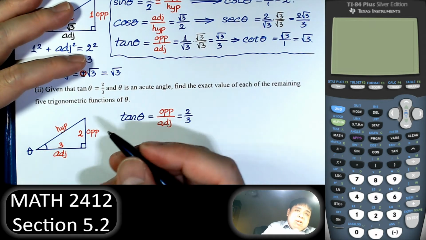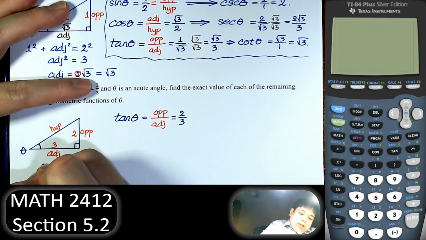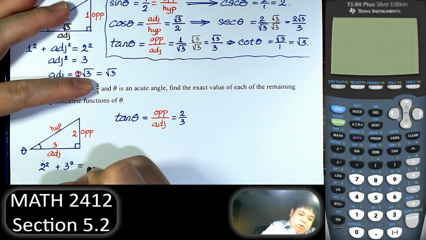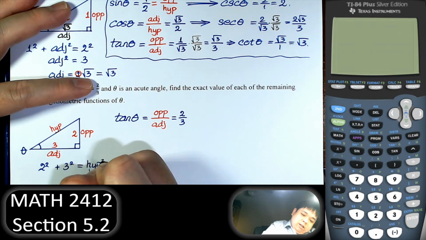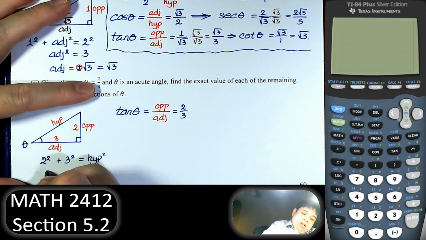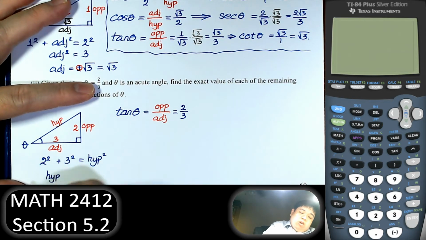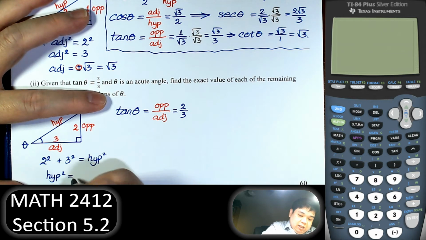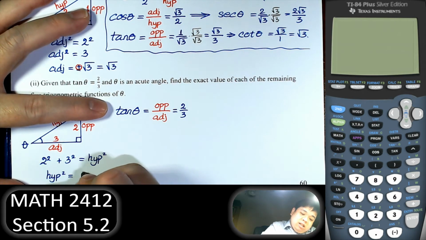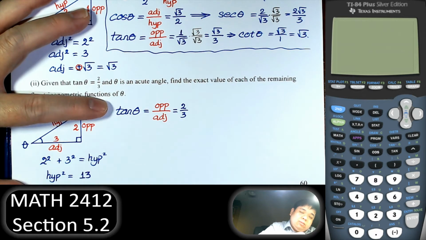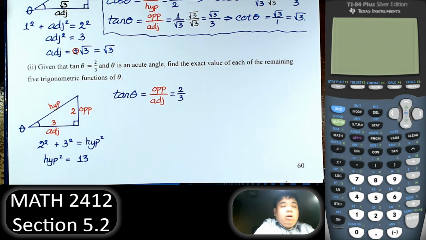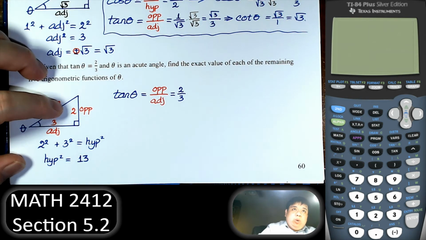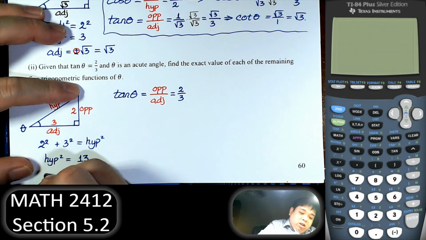So Pythagorean theorem, 2 squared plus 3 squared equal to hypotenuse squared. So 2 squared is 4, 3 squared is 9. It's 4 and 9, that's 13. And we take the square root on both sides, and once again in a triangle we can only take the positive values.